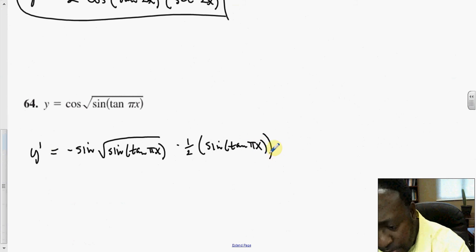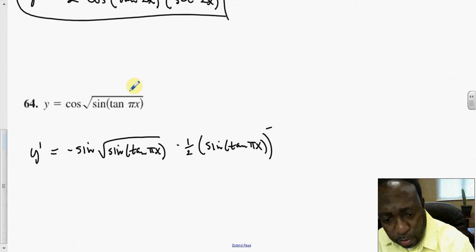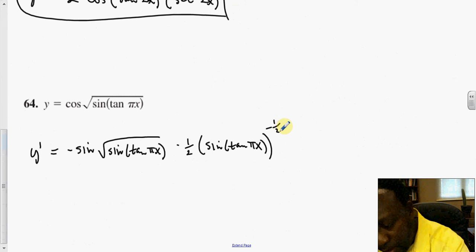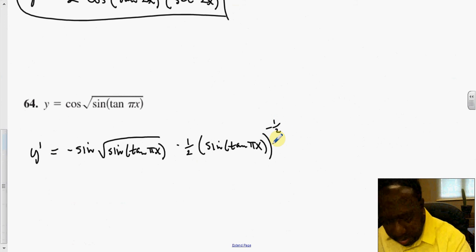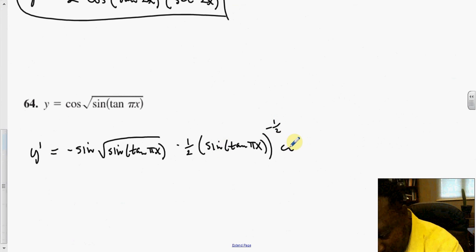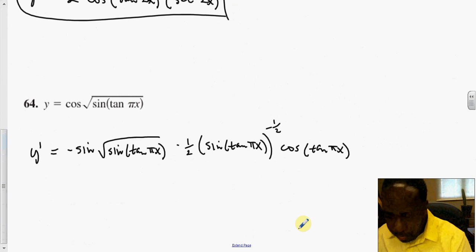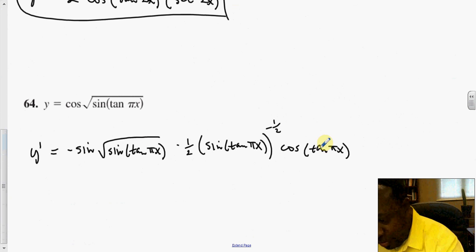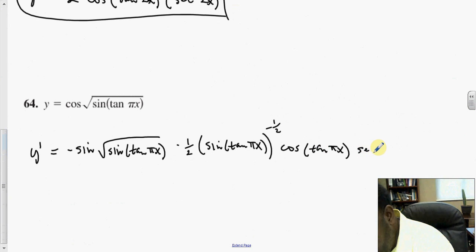This is raised to the 1/2 minus 1, the negative 1/2 power, times the derivative of the sine, which is cosine of tangent pi x, times the derivative of the tangent, which is secant pi x, times the derivative of pi x, which is just pi.